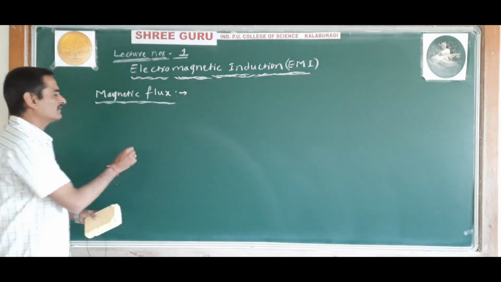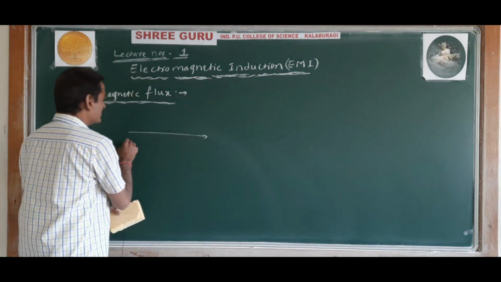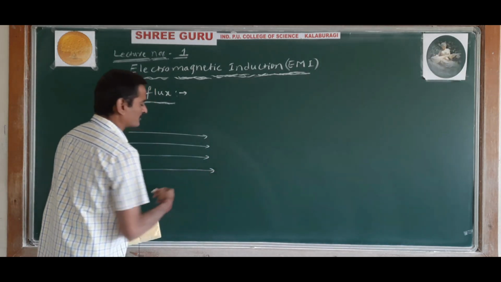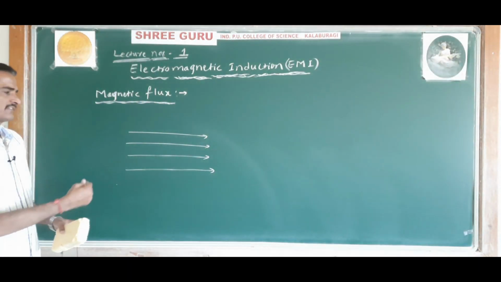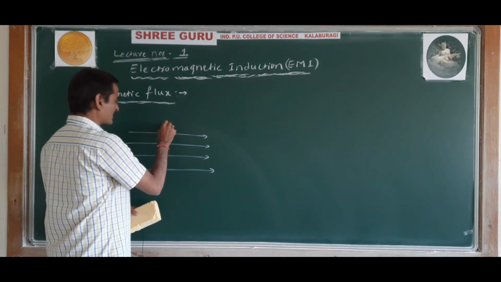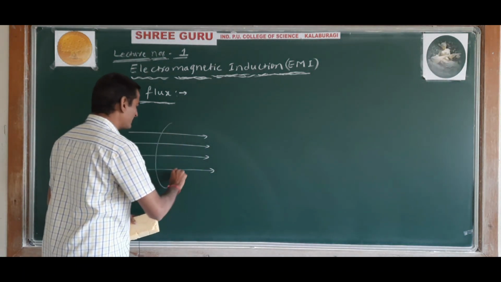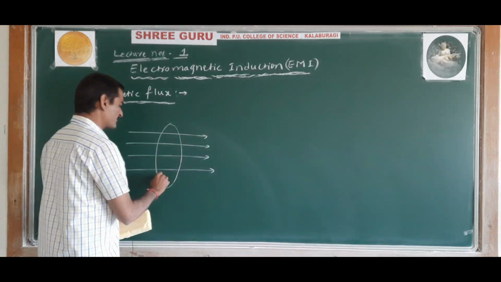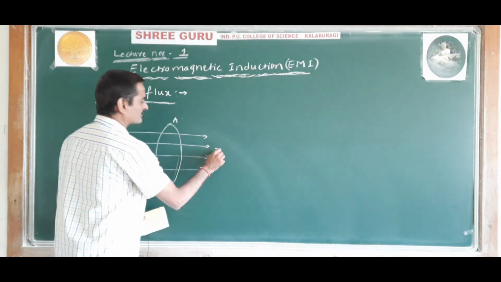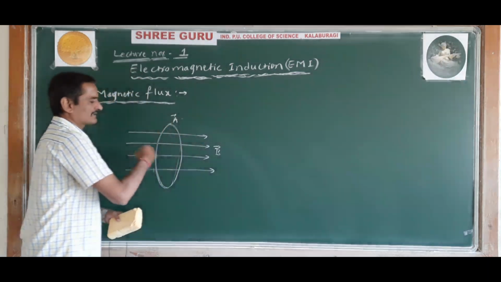Let us consider there is a uniform magnetic field, denoted by parallel magnetic field lines. Now there is a surface of area A, perpendicular to this uniform magnetic field.